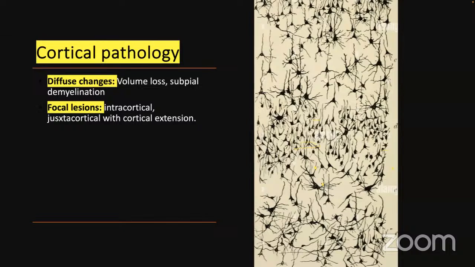And the cortical pathology is way interesting as well, and developed attention over time. So again, we would classify that as diffuse, which is, let's say, the volume loss and the subpial demyelination, and some focal lesions can happen as well.